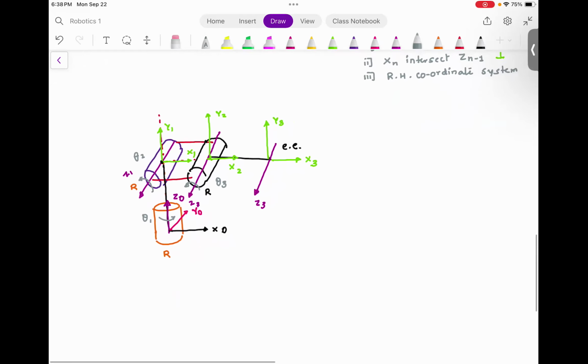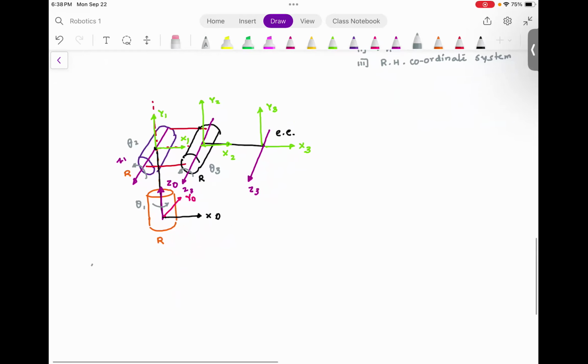Next, we have to find out the rotation matrix. The rotation matrix is 0R1. The rotation matrix has two parts. The first part is the rotation matrix that needs to be multiplied with the projection matrix.